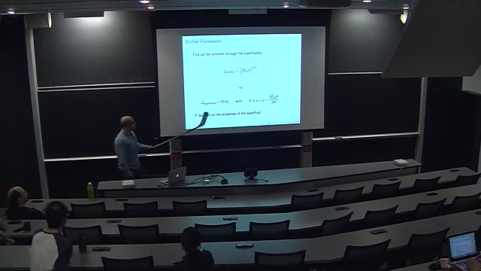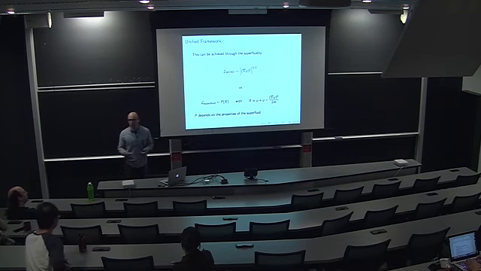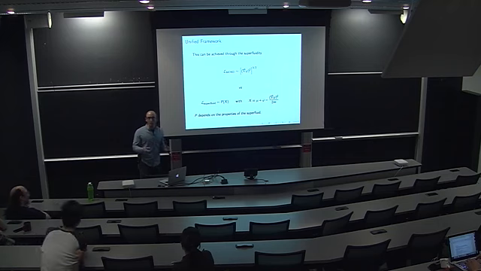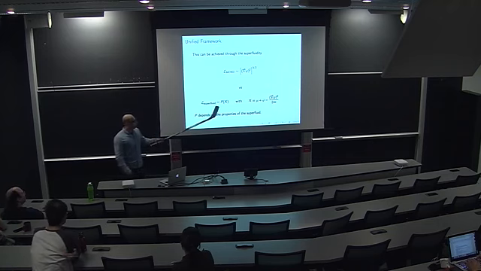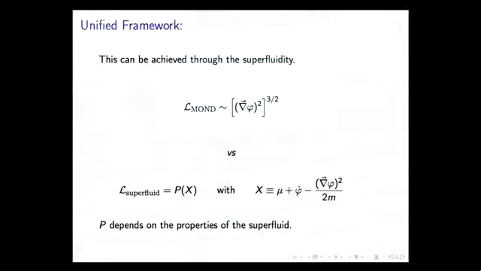And which function of X we have in the Lagrangian is determined by the properties of the superfluid, in particular by the equation of state. For a given equation of state, there is a fixed P of X behavior. If you consider, for instance, a helium atom condensate, which has 2-to-2 scattering contact interaction, then this P of X.